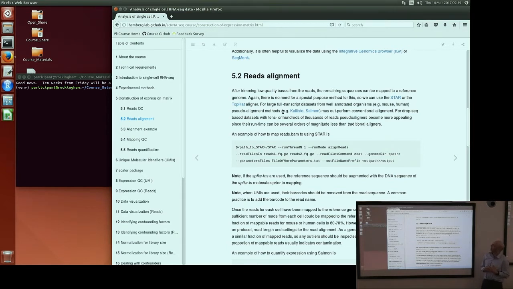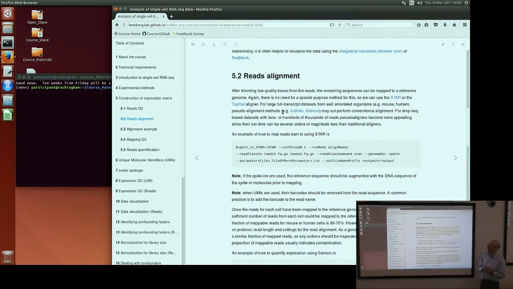We like to use, for example, STAR or TopHat, again standard aligners. One of the major problems that can occur here is that you have a very large volume of sequencing. If you have thousands or tens of thousands of cells, this can take a very long time to carry out. And so recently there have been some interesting developments in this field.